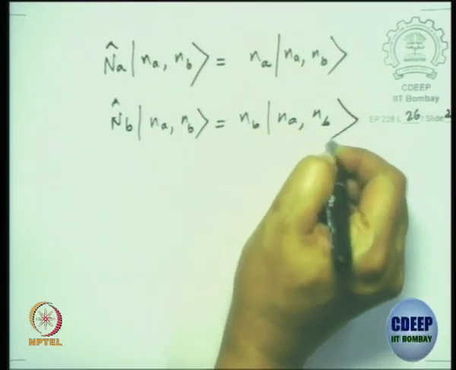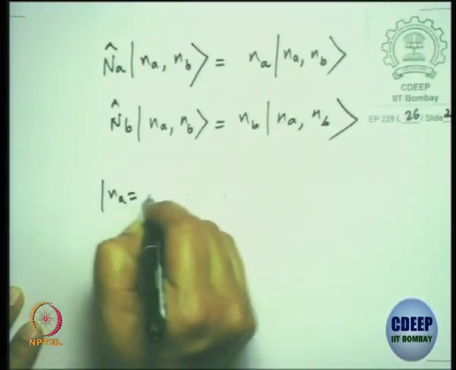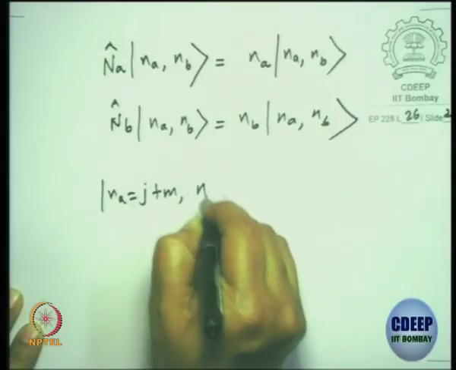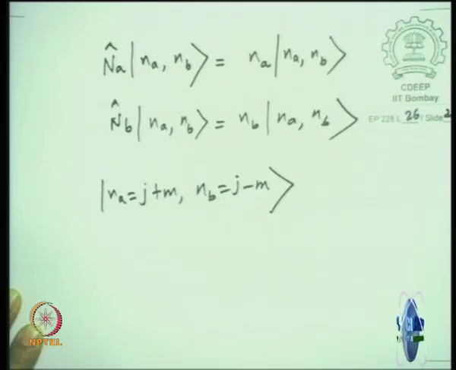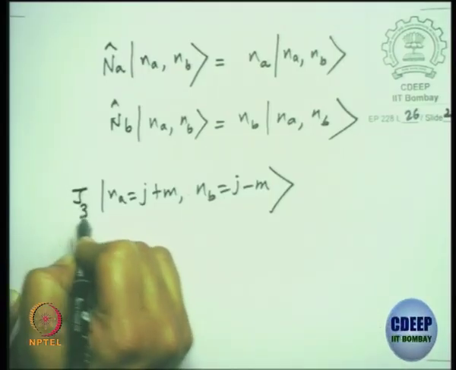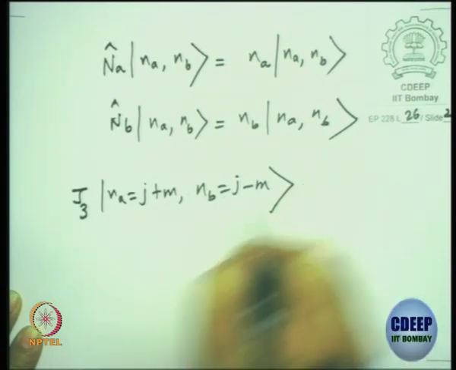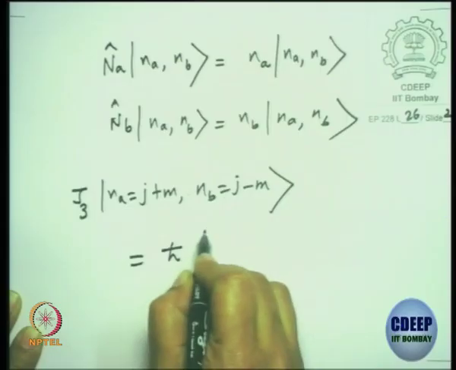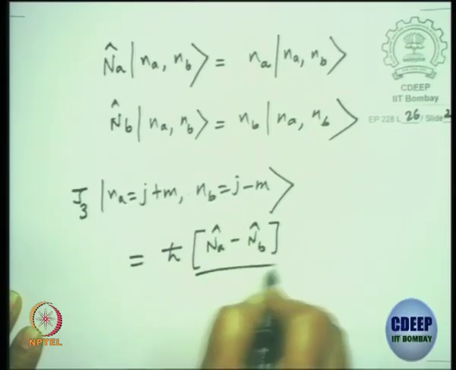Is that right? I can do this. I can also write Na as j plus m and Nb as j minus m, and look at what J3 is. J3 is nothing but h cross times the Na operator minus the Nb operator, divided by 2.